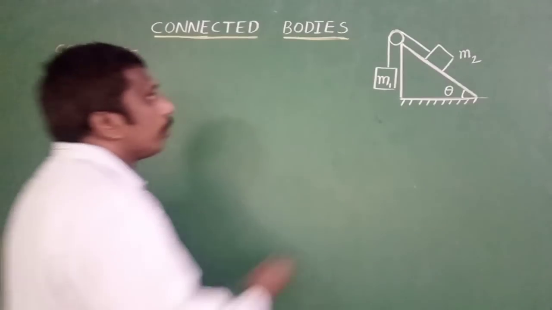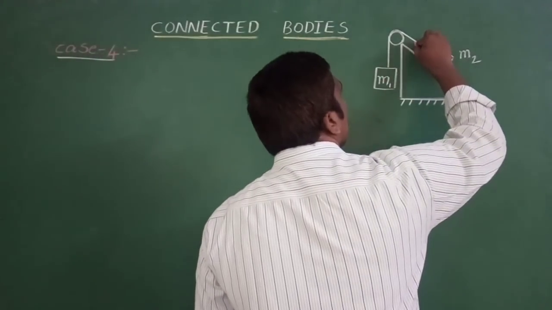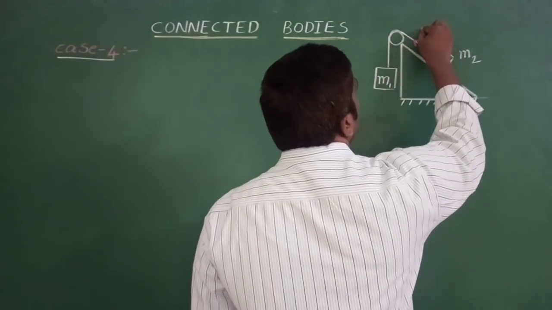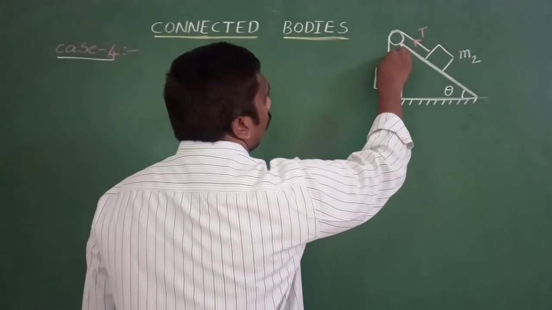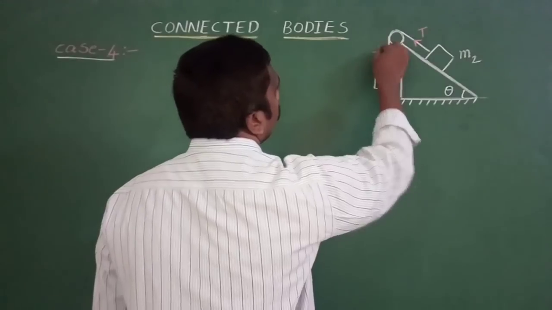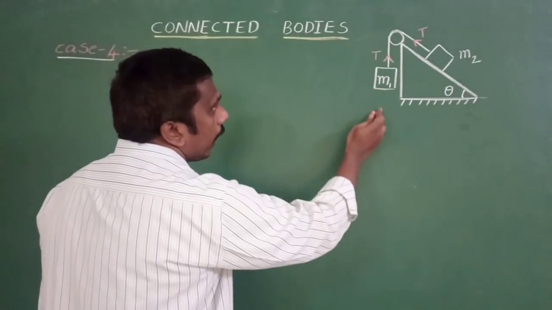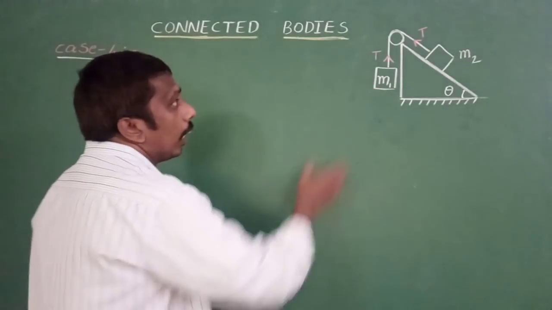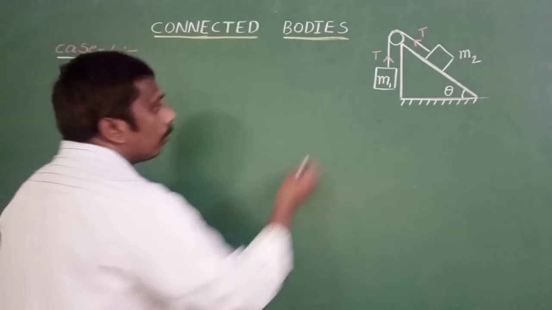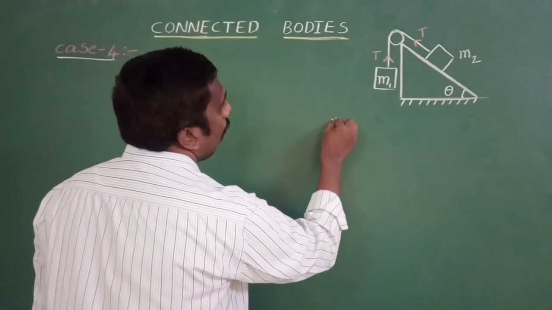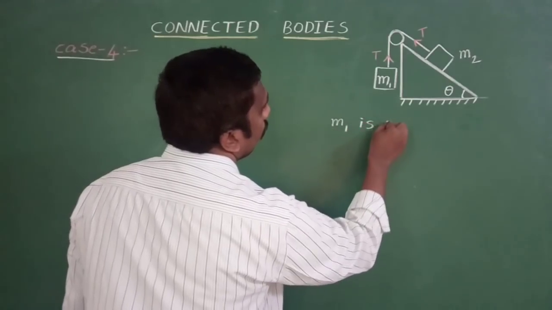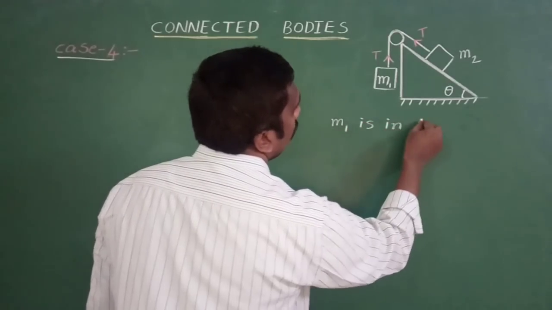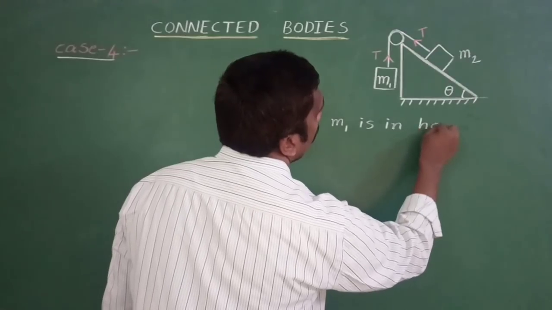In this string, tension tries to pull in the upward direction. This block also tries to pull upward. This block's weight is acting downward. Block M1 is in horizontal equilibrium.